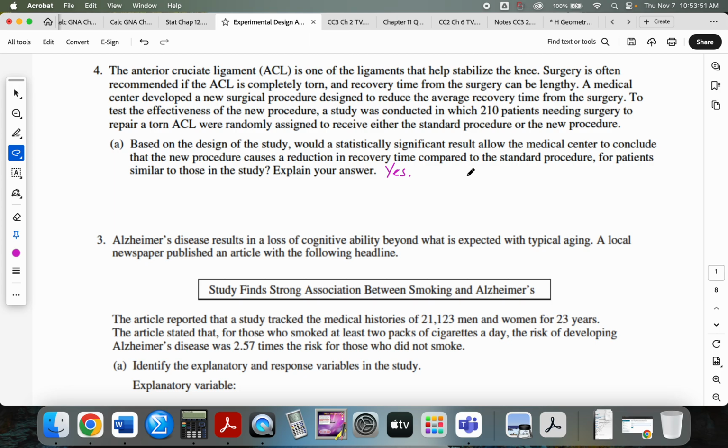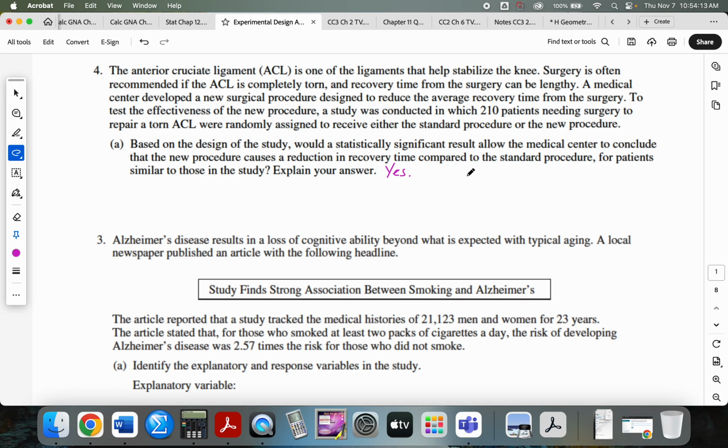Well, it's a different surgical technique. Right. So if it's statistically significant, we're saying the difference between that and the old procedure is so significant that it's very likely that it is the new procedure that makes the recovery time shorter. Well, we can't say that until we look at what they did. Oh. So let's look at what they did.